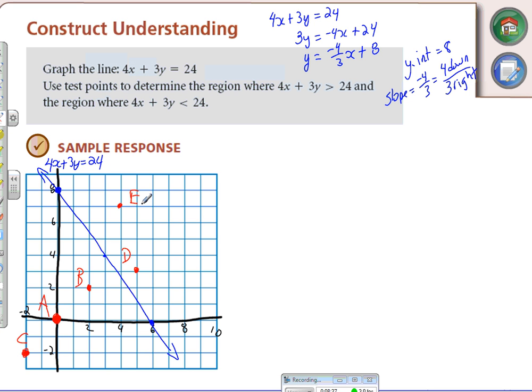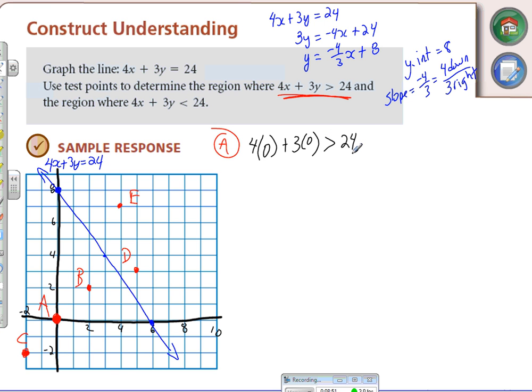Okay, so let's take point A. Let's plug it into the original, right here, and see if this is true or if it's false. Point A: 4 times 0 plus 3 times 0. Is that greater than 24?